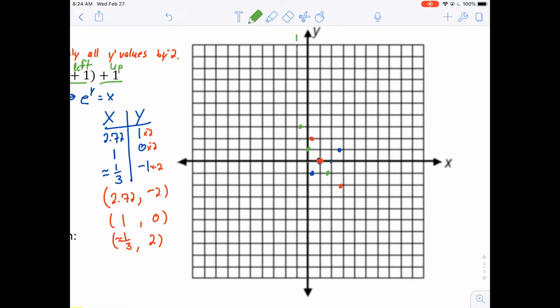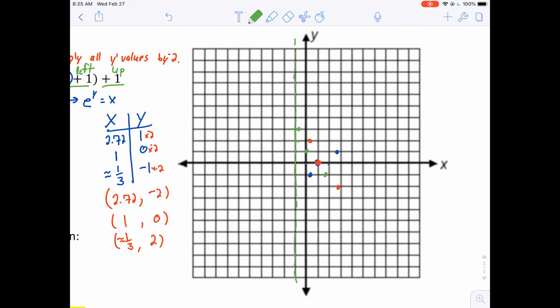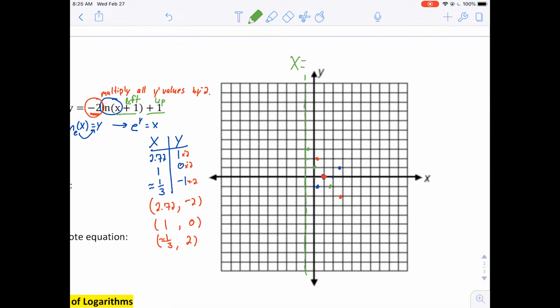I always need to draw in my vertical asymptote right here. So that's going to be x equals -1, comes from our shift. So then we just connect the dots. Bada bing, bada boom, and we have a graph.